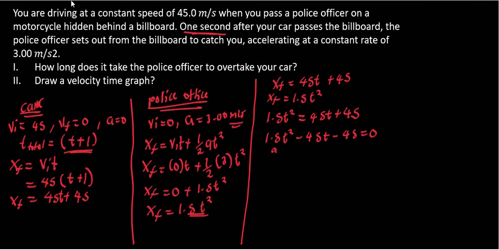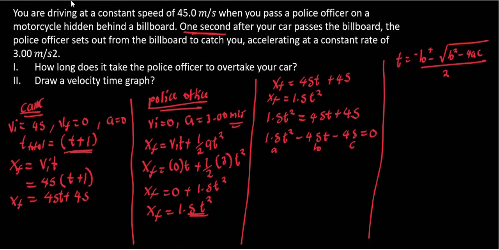So this is our a, this is our b, and this is our c. We need to find this by using the quadratic formula. Since it's a quadratic equation, the formula is t equal to negative b plus or minus the square root of b squared minus 4ac, over 2a.